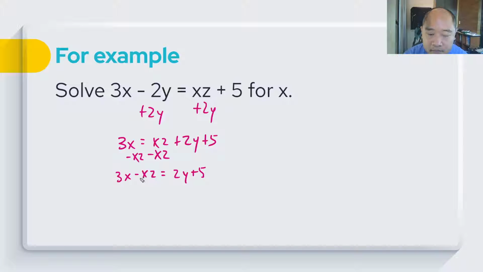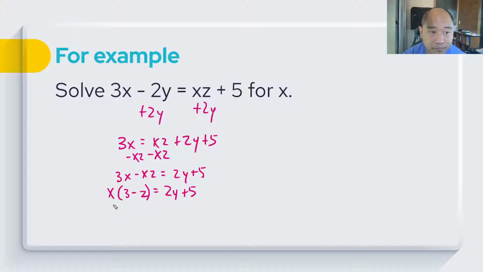Then I can reverse distribute the x out of this to get x times 3 minus z equals 2y plus 5.